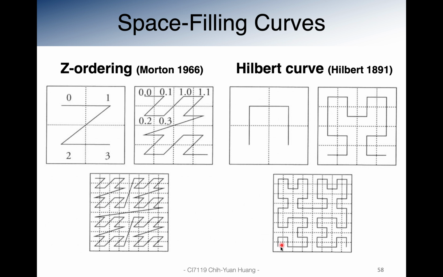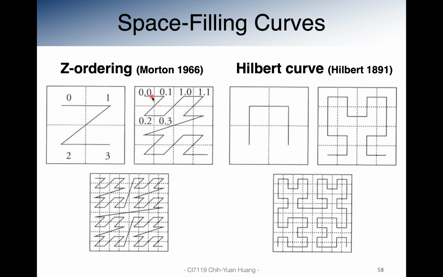So that two adjacent cells, most of the time, are connected with each other, or come very close to each other in the one-dimensional order. However, because we convert two dimensions to one dimension, it's basically guaranteed that there is a certain jump from time to time. For example, let's take a look at this one.